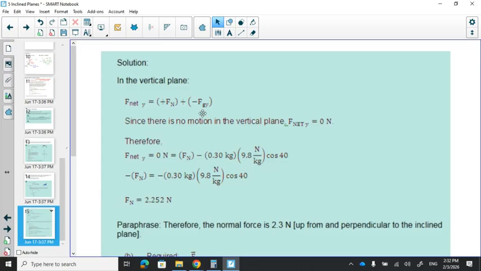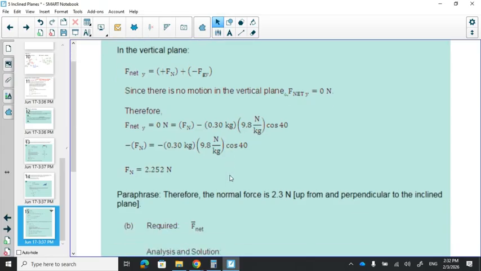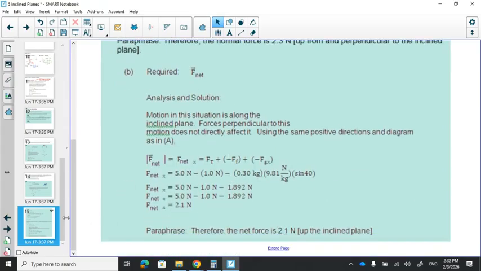I wouldn't put the negative in, but they're doing what I was saying about just with numbers: this would go in as a positive number, this would go in as a negative number because it's down. And they're doing the same thing where the net force in the y direction is 0 because there's no motion vertically relative to the ramp. Perpendicularly up from the ramp and into the ramp is not happening. Anyway, they do the same kind of work. I'll just leave that one, because I think I've covered enough.